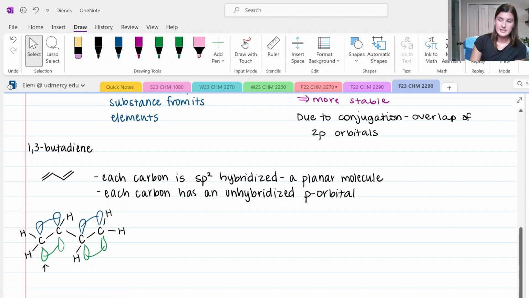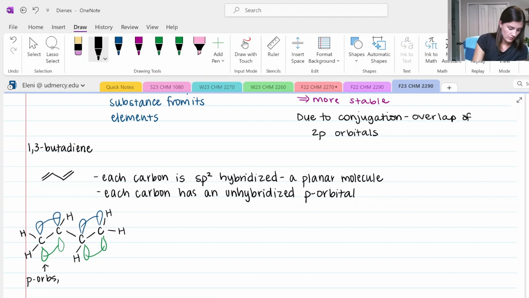So just to add detail to the written notes, what we've drawn here are the p orbitals, which is where pi bonds exist.